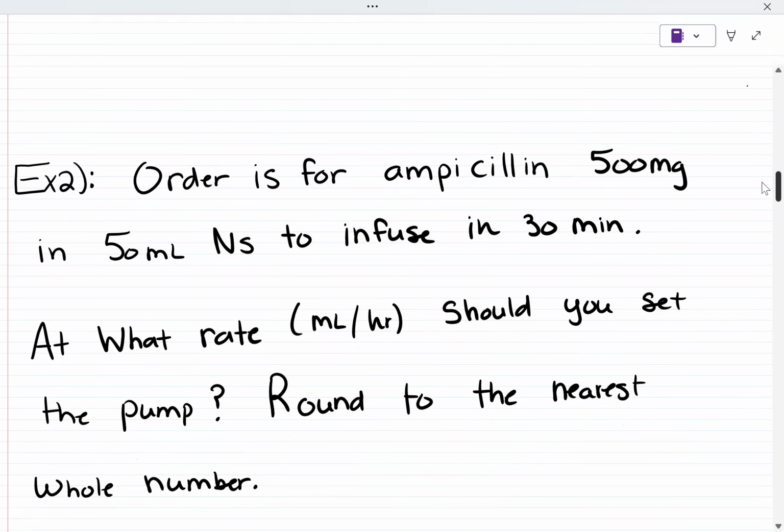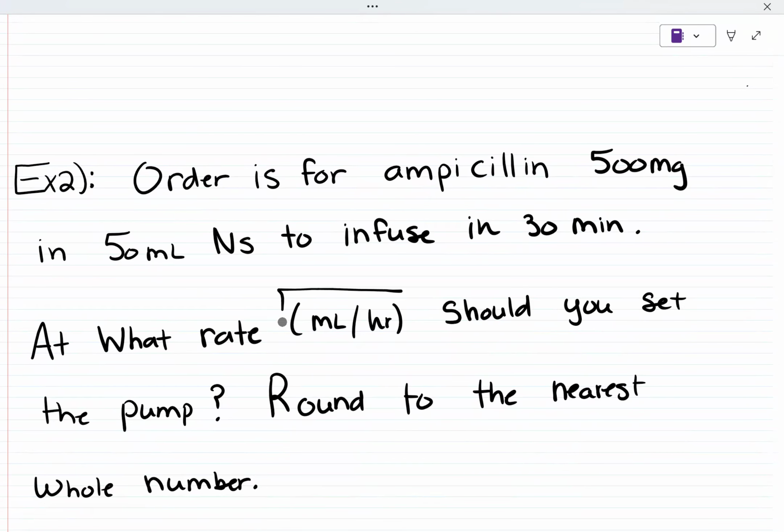Oh, here we are. I thought I was on the wrong one. Okay, so example two. The order is for ampicillin 500 milligrams in 50 milliliters NS to infuse in 30 minutes. At what rate, meaning milliliters per hour, should you set the pump? Round to the nearest whole number.